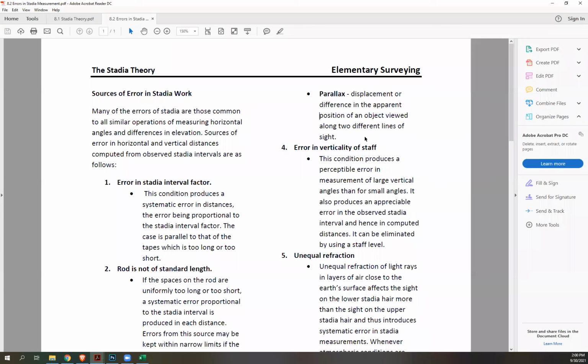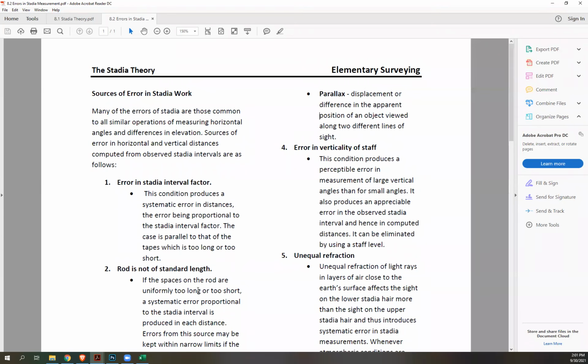Number 4, error in verticality of staff. This condition produces a perceptible error in measurement of large vertical angles than for small angles. So the larger your vertical angle is, the larger your error. It also produces an appreciable error in the observed stadia interval, so your S reading, and hence in computed distances.